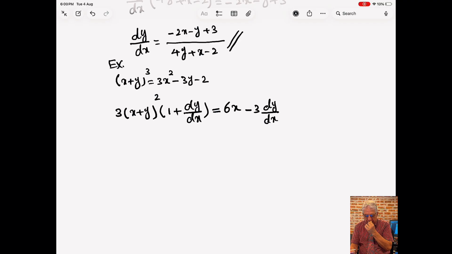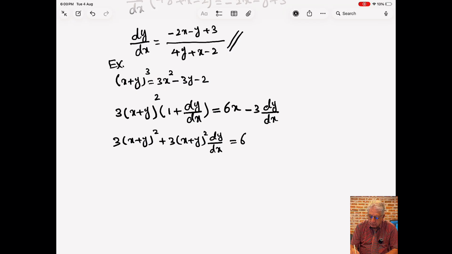So we have this. I will expand and rearrange everything so dy by dx is on one side and the other things on the other side. Therefore, this is 3 times (x plus y) squared plus 3 times (x plus y) squared dy by dx, equal to 6x minus 3 dy by dx.